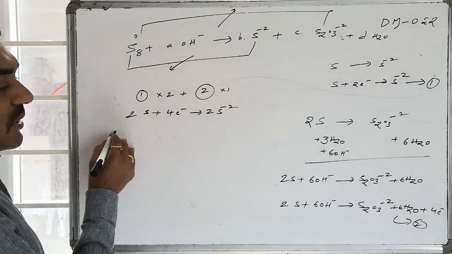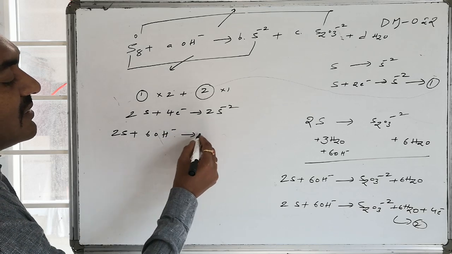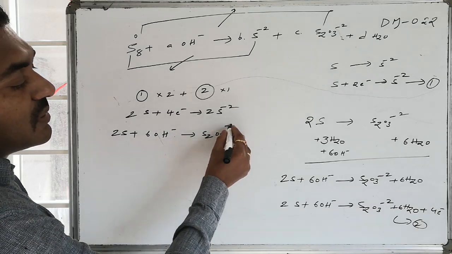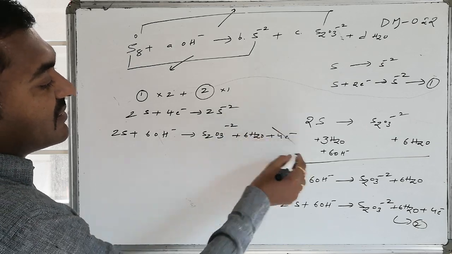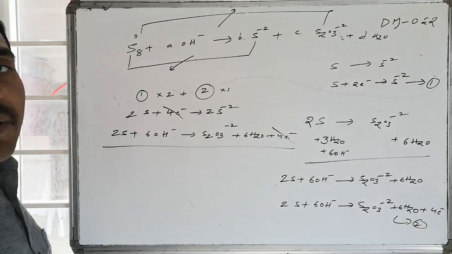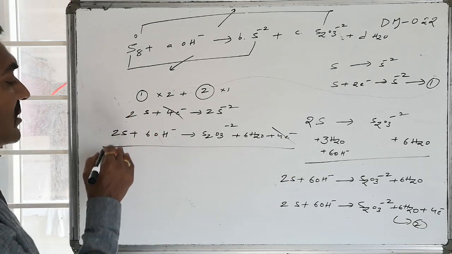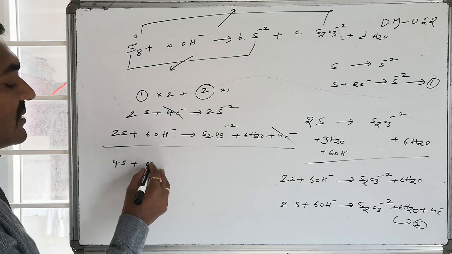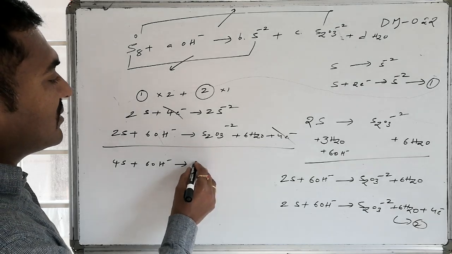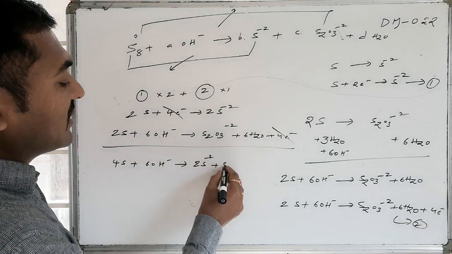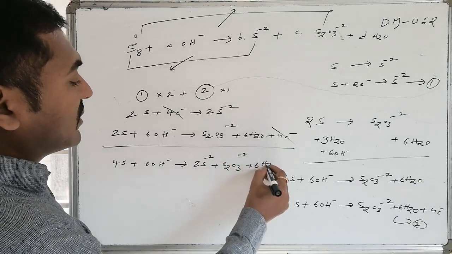Similarly, equation 2 as it is, that is 2S plus 6 OH minus converted to S2O3 minus 2 followed by 6 water molecules followed by 4 electrons. For the electron validation, 4 versus 4 get cancelled. So 2S plus 2S becomes 4S followed by 6 OH minus, that results in 2S minus 2 followed by S2O3 minus 2 followed by 6 water molecules.